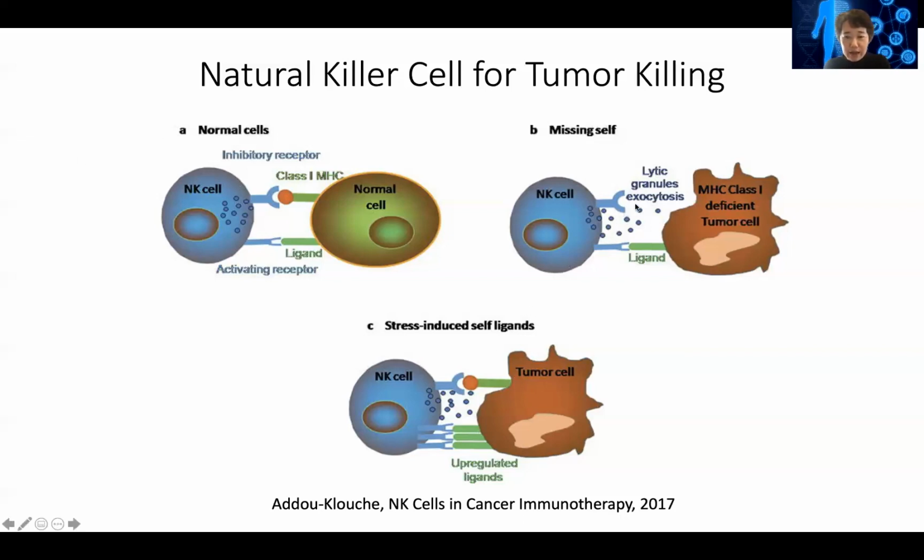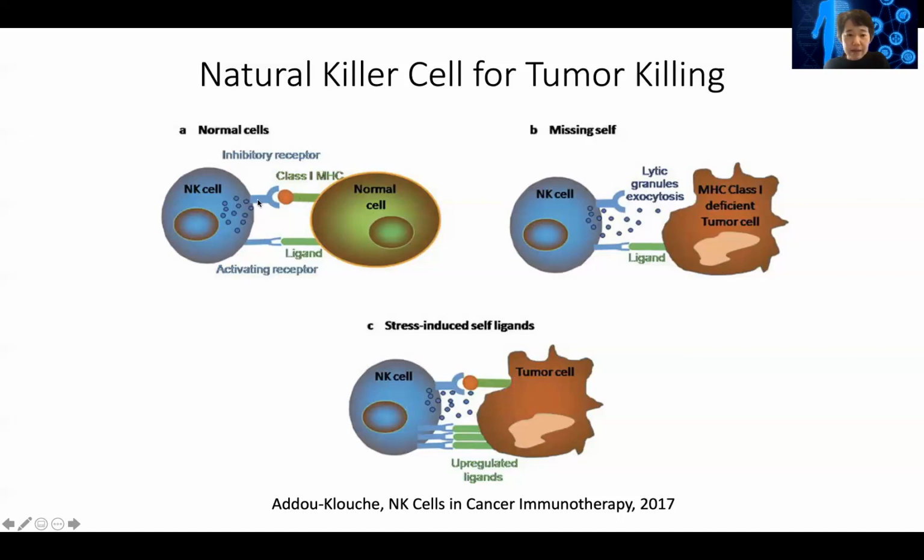So you can see here, when the cell is missing the class 1 presentation, NK cell can kill. In addition, sometimes the cancer cell can have signals when it's under stress. When the cell is under stress, there are ligands that are activating the NK cell. So the MHC class 1 is a suppressor.